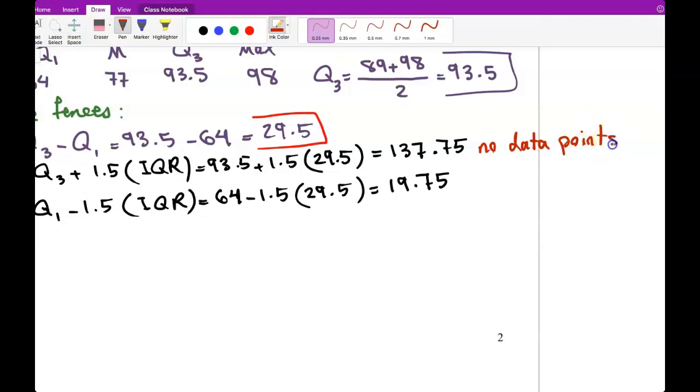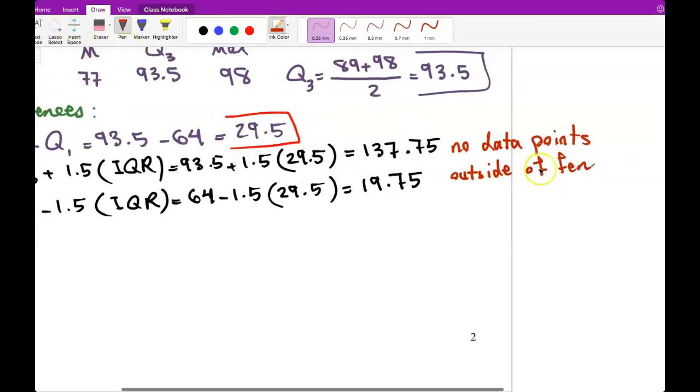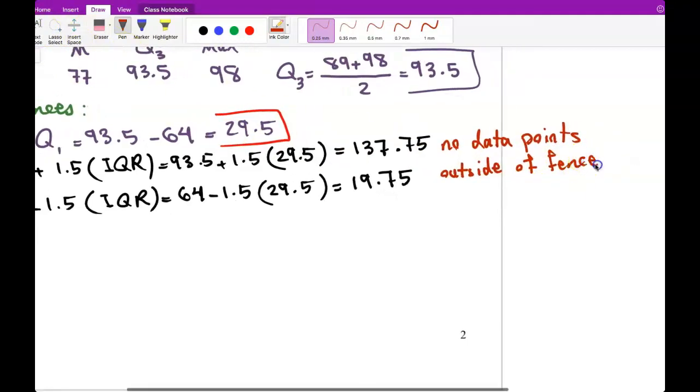So no data points outside of these two fences. That means no outliers.